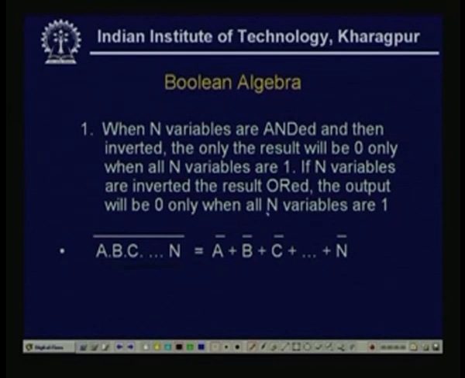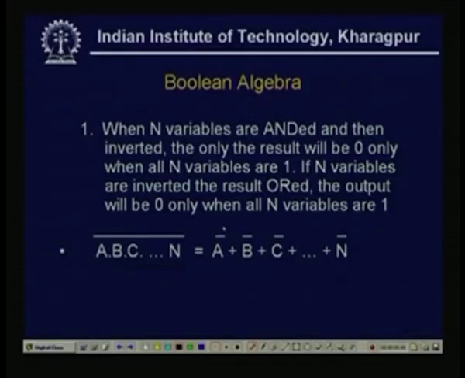In this case, the case is reversed, meaning the result will be 0 only when each variable of these n numbers is 1, because only that is the situation of the AND gate. When all the inputs are 1, the output will be 1, and then it is the complement. So, this becomes 0.